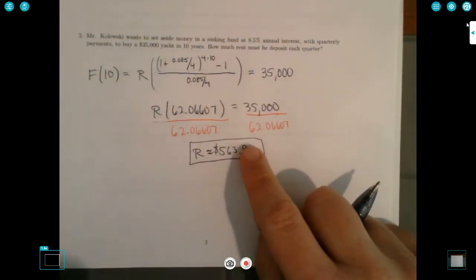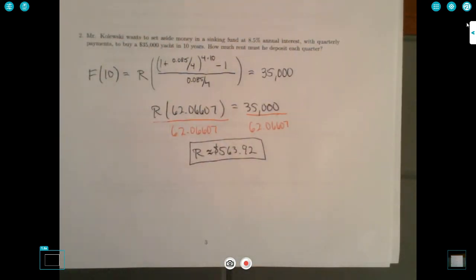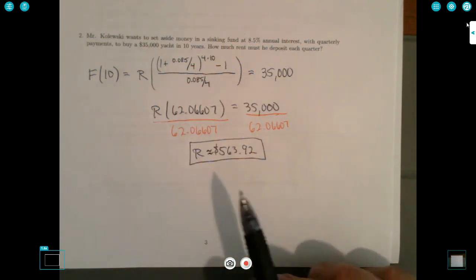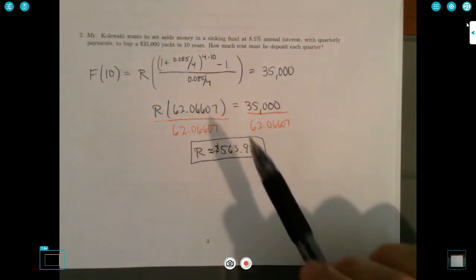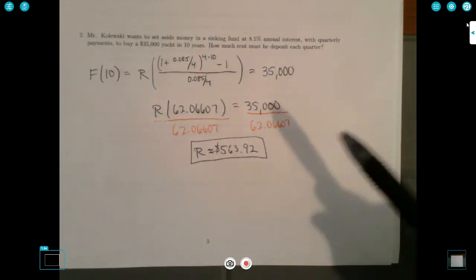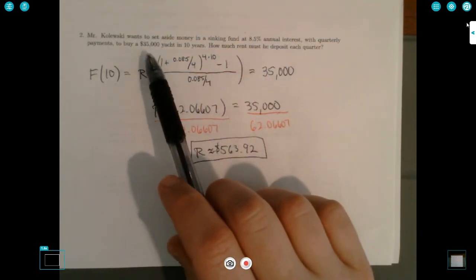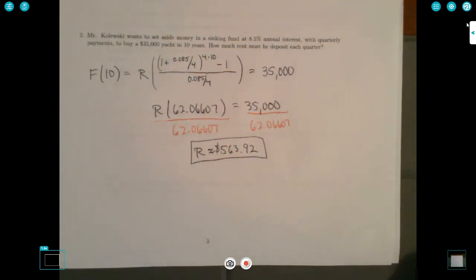So that's how much he has to invest every quarter. That means like every 3 months, right? So once every 3 months, he needs to make a $563.92 deposit into this sinking fund in order to be able to afford his yacht in 10 years' time.